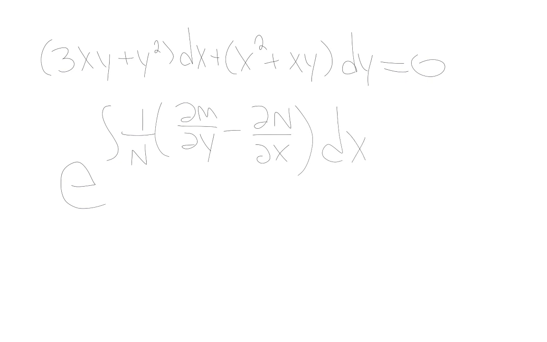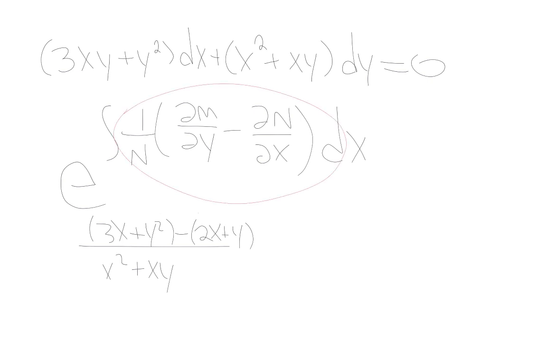In evaluating that, I get in my numerator, partial M with respect to y, it's 3x plus y squared minus 2x plus y, and in my denominator I get x squared plus xy. And I'm really just evaluating this right here in red. In the next slide I'll integrate it all, but in evaluating this I end up with 3x minus 2x, that's x.